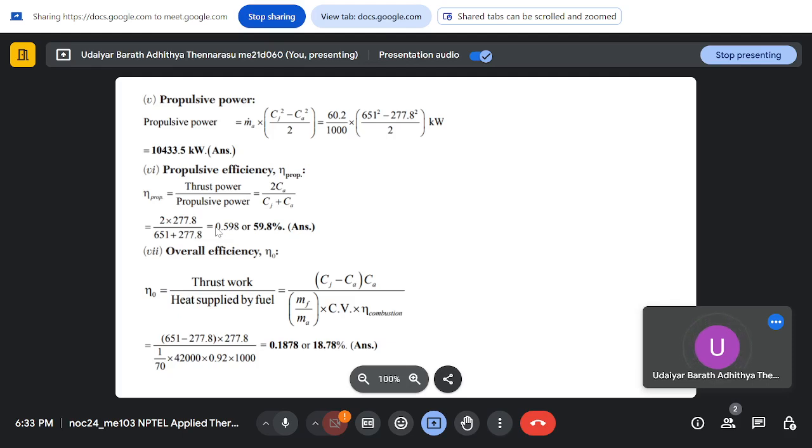Next we need to find out the overall efficiency. That is nothing but your thrust work divided by heat supplied by fuel.